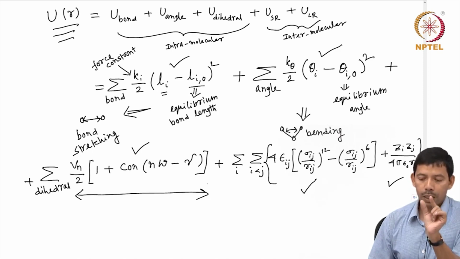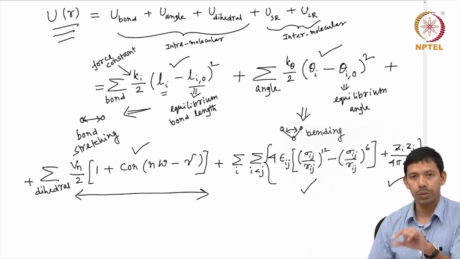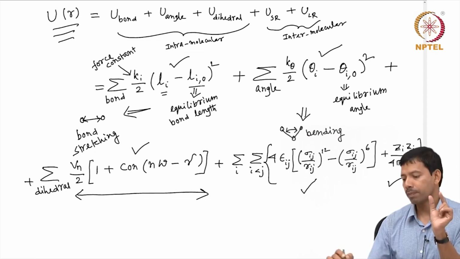So Li0 is the equilibrium bond distance around which it is stretching and coming back, stretching and coming back. So Li is the instantaneous value of the bond length, and Li0 is the equilibrium bond distance.